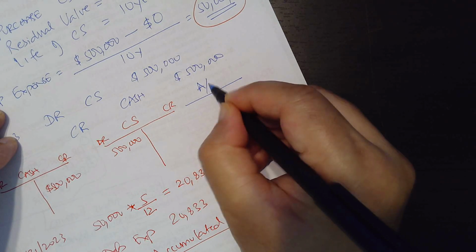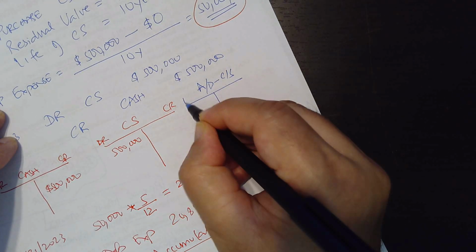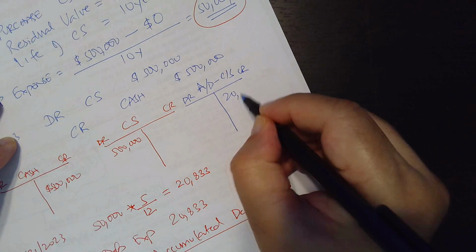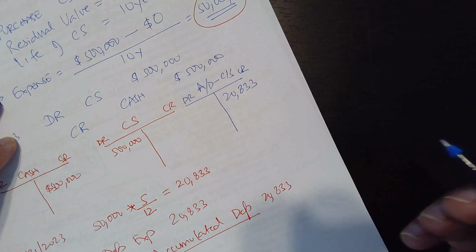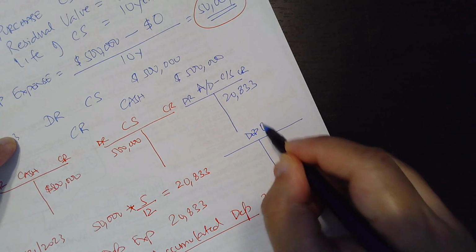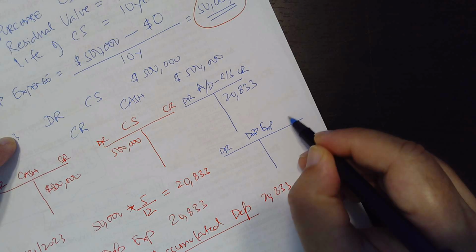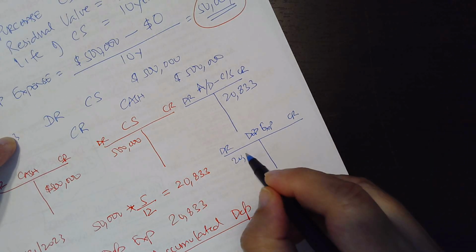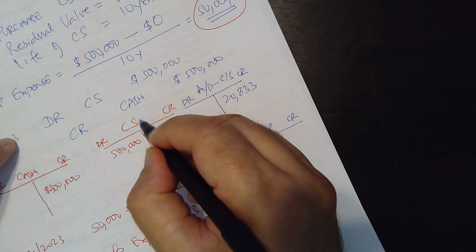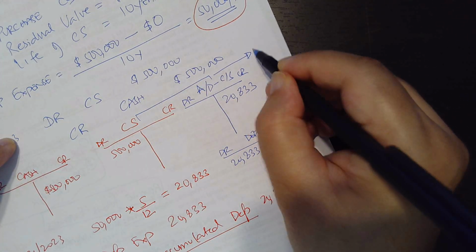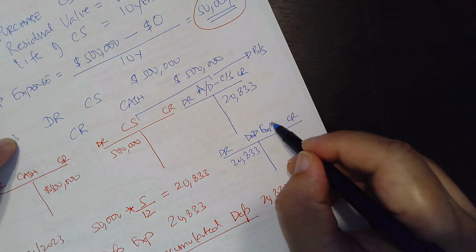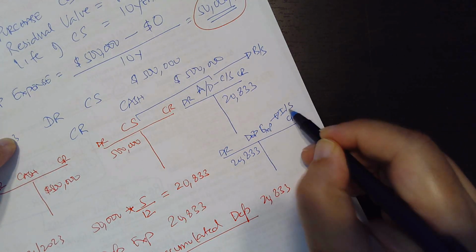So I'm just using accumulated depreciation for computer system, debit and credit, and the value goes here, 20,833, and you will create another T account, depreciation expense, debit and credit, and you have 20,833. This account will remain in the balance sheet. This account, the depreciation expense account, will go to the income statement.